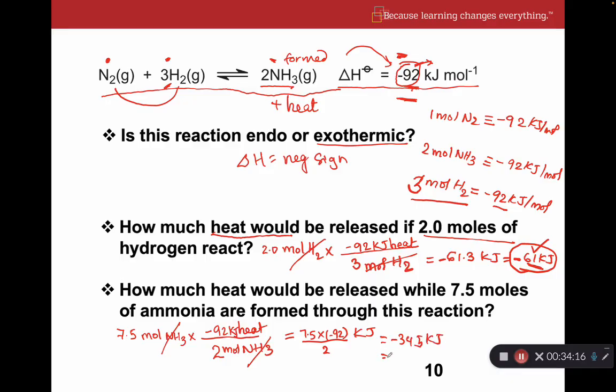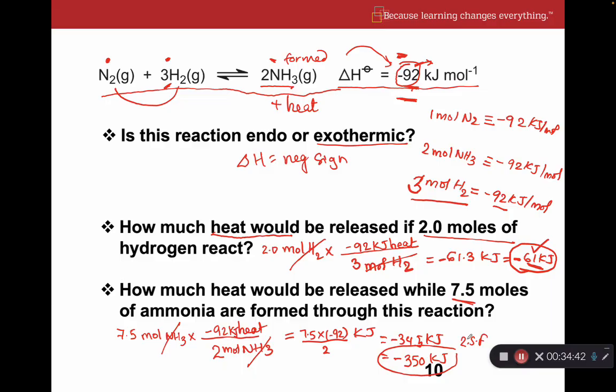If I want to write this, 7.5 is 2 sig fig. So I can write minus 350 as my 2 sig fig answer, right? That much heat is released when 7.5 moles of ammonia are formed.